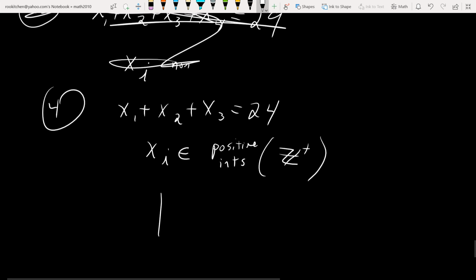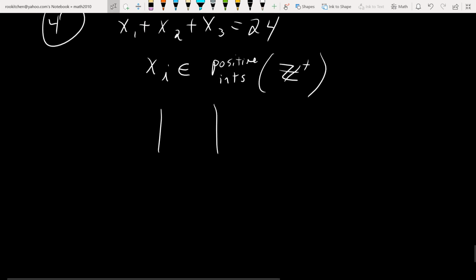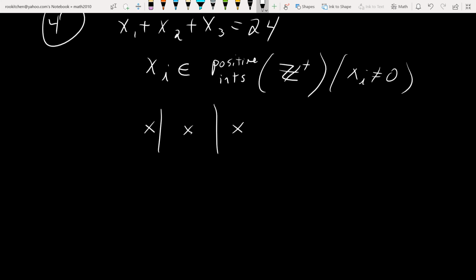In other words, when you set up your scenario, it's like you've already picked root beers, right? You've said, all right, there's already one guy in here, there's already one guy in here, and there's already one guy in here. So you'll never have 0 in here. So x sub i is not equal to 0.